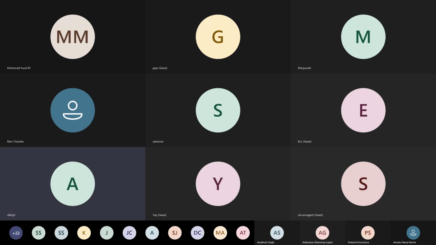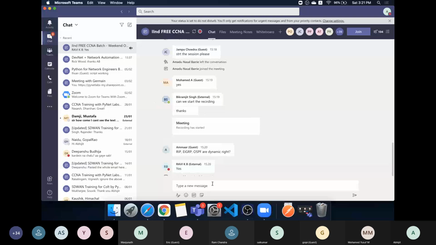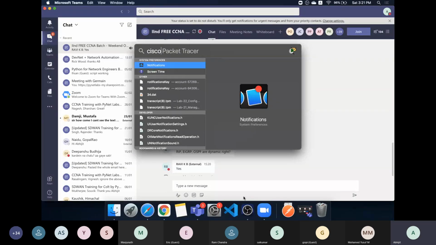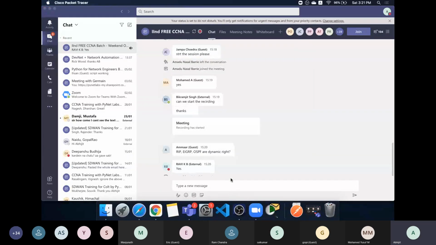All right, I'm sharing my other screen with you now. Let me know when you can see my screen there. So here is my Cisco Packet Tracer.